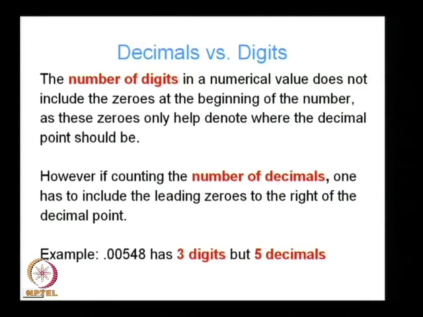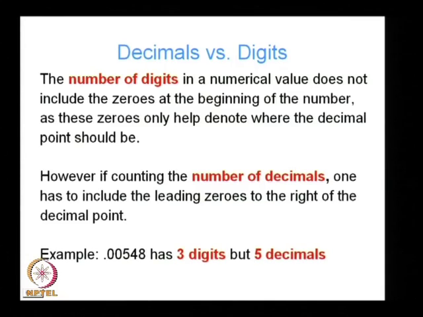The number of digits in a numerical value does not include the zeros at the beginning of the number, as these zeros only help denote where the decimal point should be. However, if we are counting the number of decimals, one has to include the leading zeros to the right of the decimal point. This becomes clear if we consider an example.